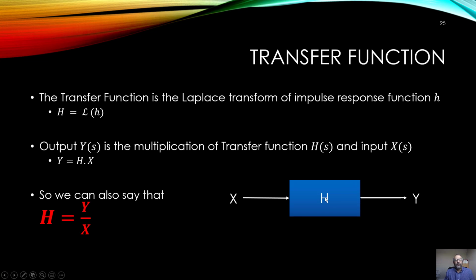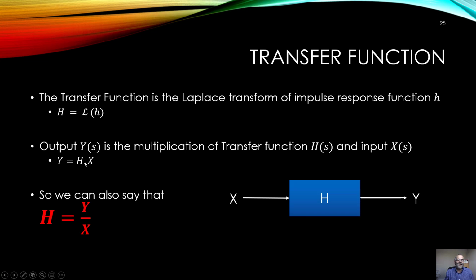And if you know it, then it's very easy for any input X to calculate the output, because then the output is H times X. No matter what input you give it, X, you just multiply it with the transfer function, and then you get the output in the S domain.